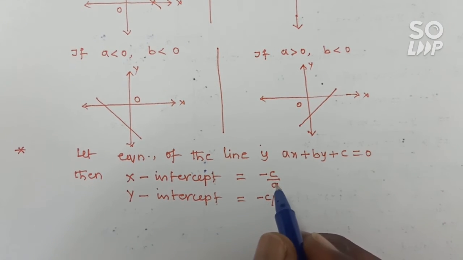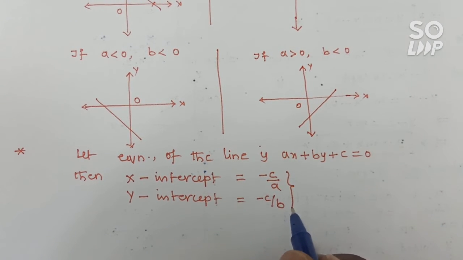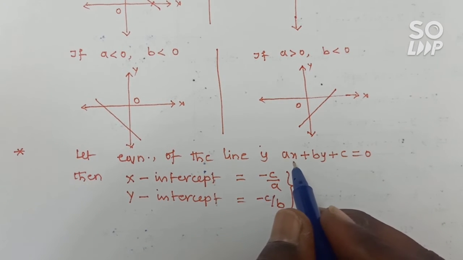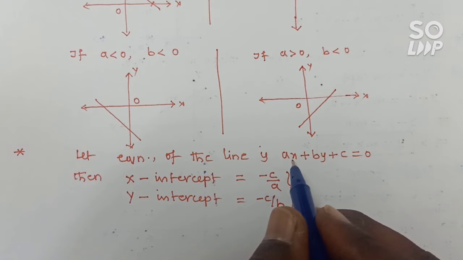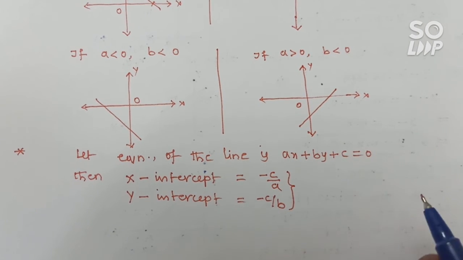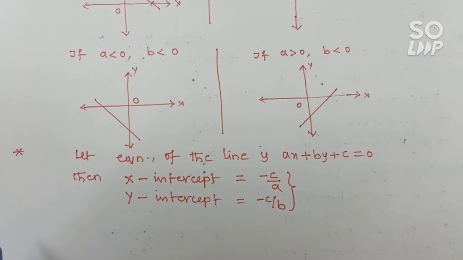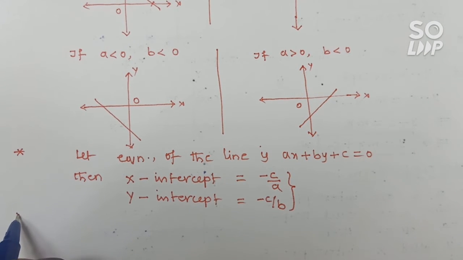So how will you get these two intercepts? By substituting y is equal to 0, you will get the x-intercept. Similarly, if you substitute x is equal to 0, you will get the y-intercept, right? So see the next concept.